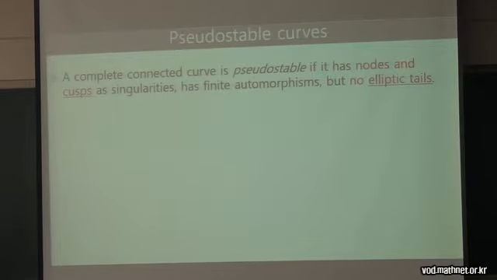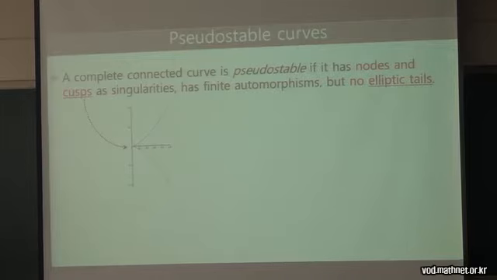And I'm going to introduce just one more stability condition. In our work, we introduced at least 3 other kinds of semi-stability, but this is going to be the end for the stability conditions. Pseudo-stable is due to David Schubert, a student of David Gieseker, in the 80s. It allows nodes and cusps. Before, in the Deligne-Mumford stable case, only nodal singularities were allowed.